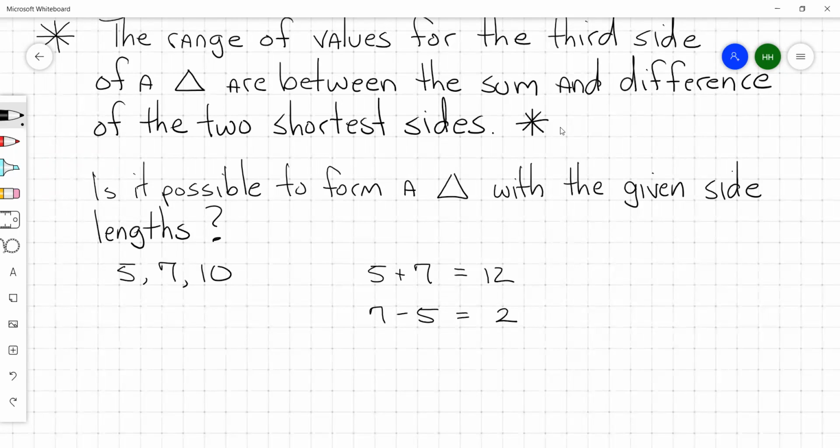So then we take the smaller number, we write it first. We write less than x, which is going to represent the third side, less than this sum, this 12. Now, what this says is that the third side of this triangle has to be greater than 2 and less than 12. Is 10 greater than 2 and less than 12? It is. So these lengths can form a triangle.